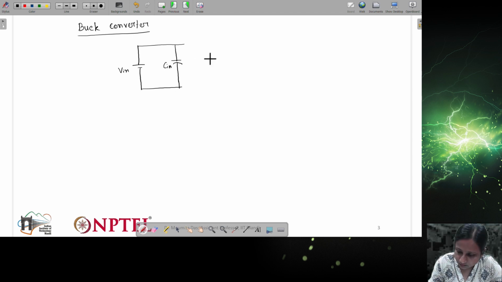Okay, now this is connected to, let's say, switch S1, and then in place of the diode I'm just drawing another switch S2.